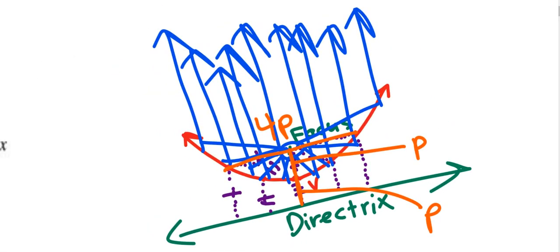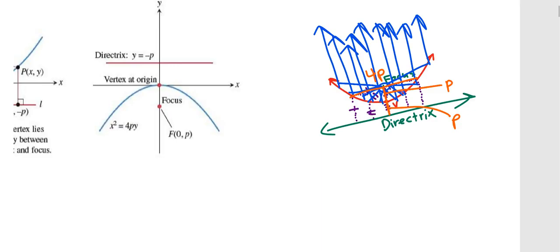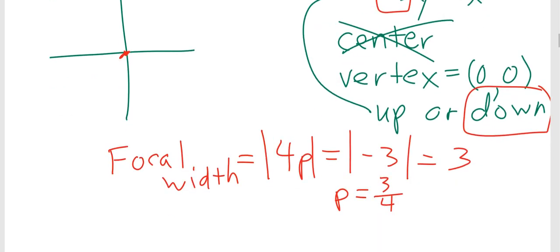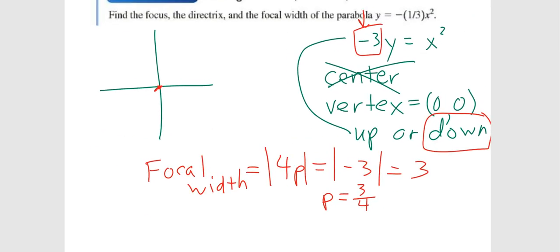Which one of those do I need first? I can't do the focal width 4p unless I know where the focus is, so I need p first. We found it from the equation. We needed to find the focal width. We found it. Then we used it to find the distance to the focus, which is 3/4 of a unit.